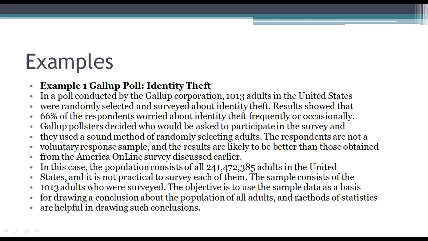The objective is to use sample data as a basis for drawing a conclusion about the population of all adults, and methods of statistics are helpful in drawing such conclusions. This means we have two ways to reach our analysis. First, you go person by person through the whole population, survey and collect data, and make results on the basis of them.